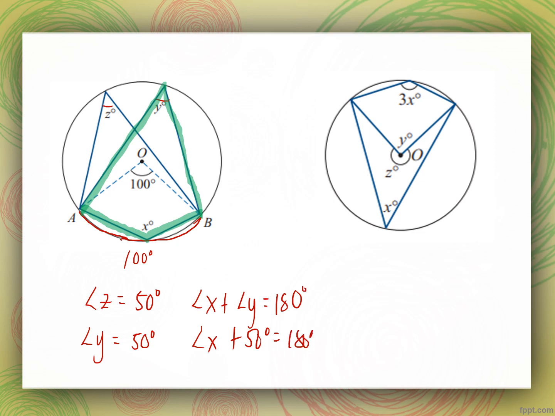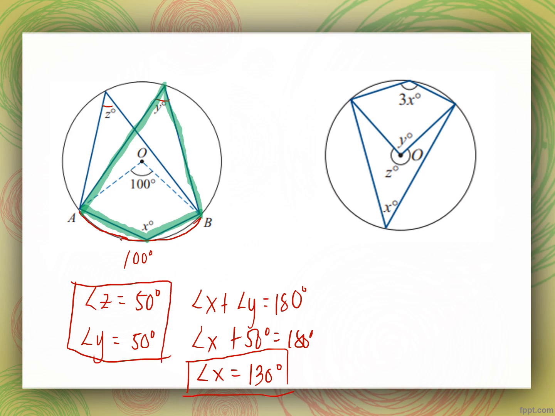So 180 minus 50 is 130. Therefore angle X is 130 degrees. So we have here all the three measures that we want.